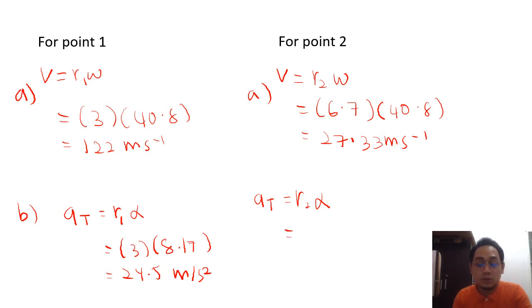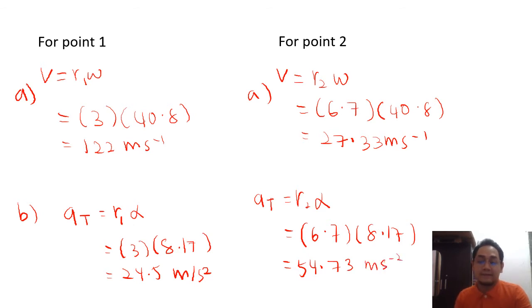For point 2, the value of r is 6.7, and the value of alpha is 8.17. Put it in your calculator and the answer will be 54.73 meter per second squared. So these are the answers.